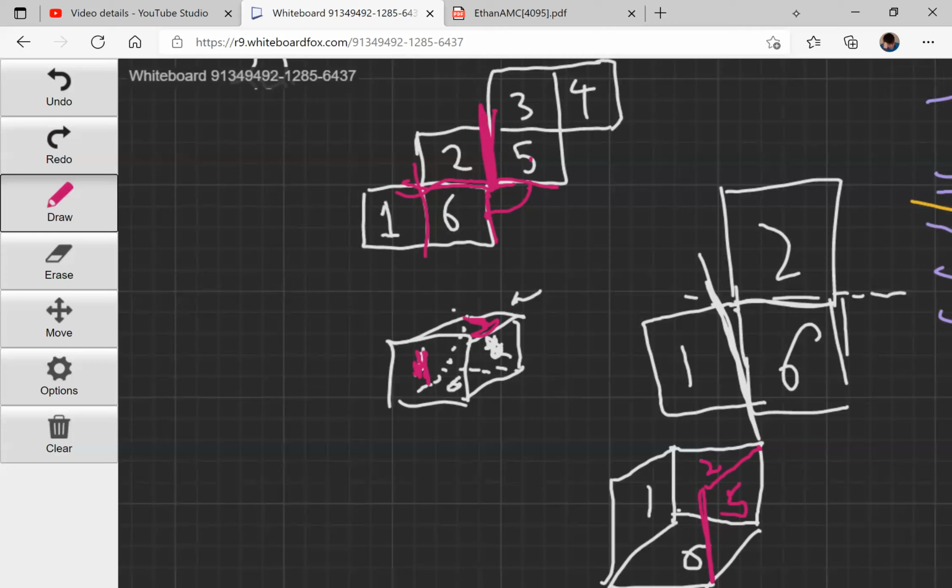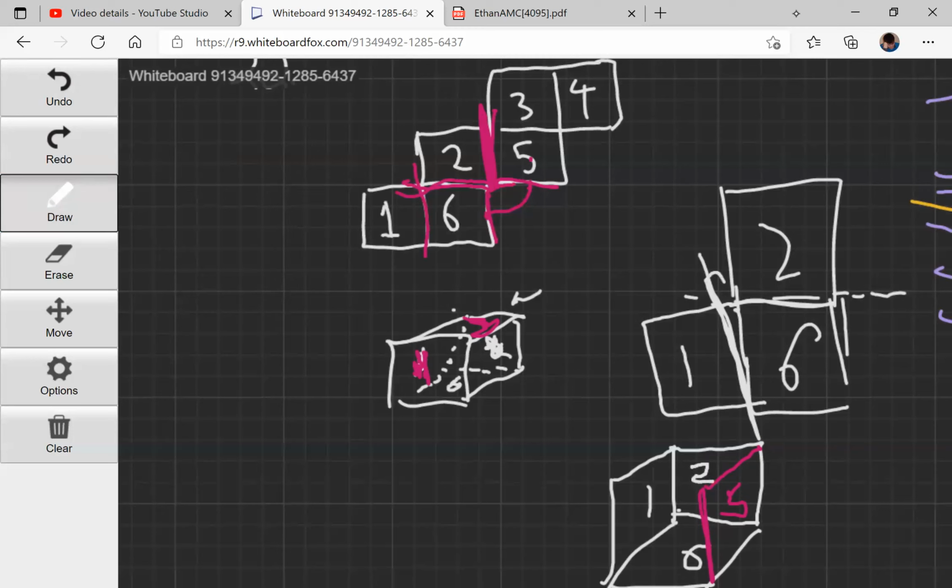Well, do you understand this picture where it's 6, 1, 2, like that? So 2 here.